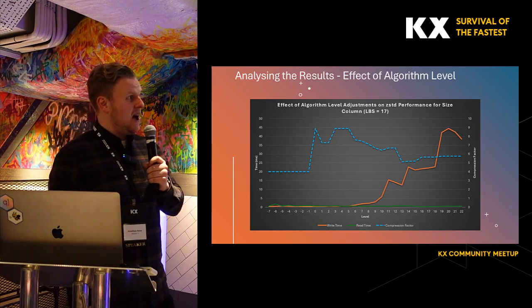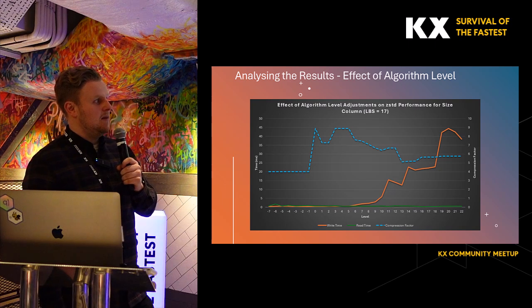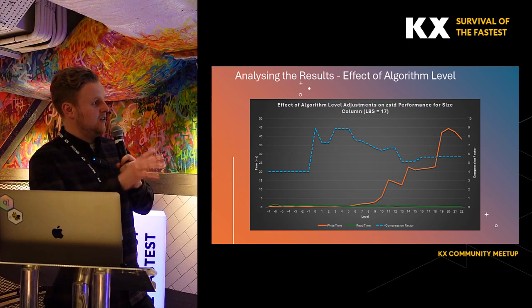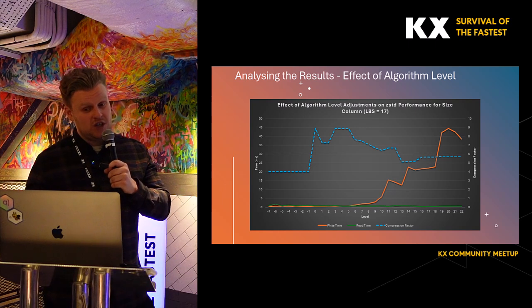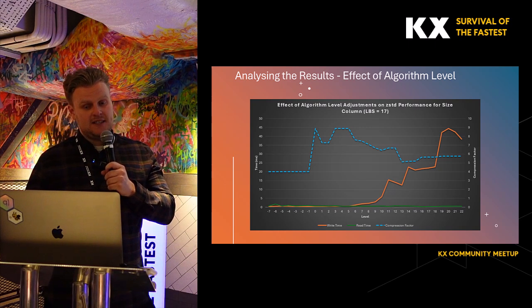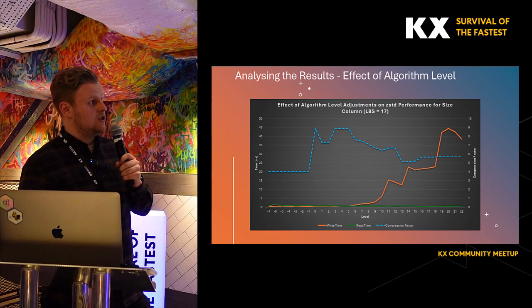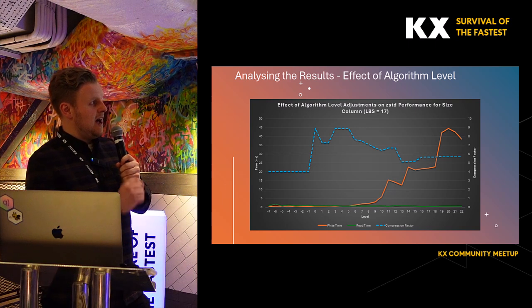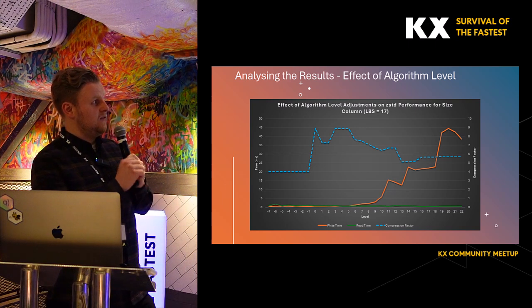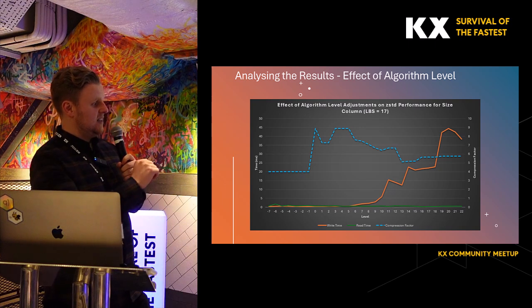So I had a graph like this on my blog posts, and I thought they're quite cool for zooming into a certain algorithm. So say which algorithm you want to use, like the ZSTD here is the newest one provided for KDB. This shows what happens for the ZSTD for a fixed LBS of 17 as the level increases.